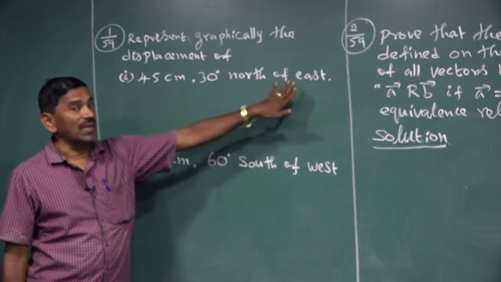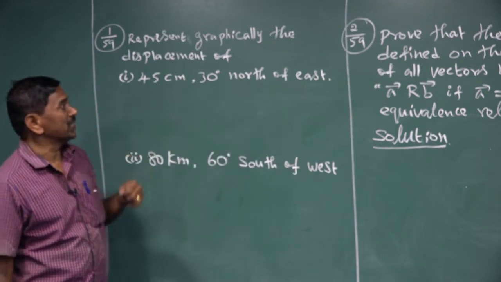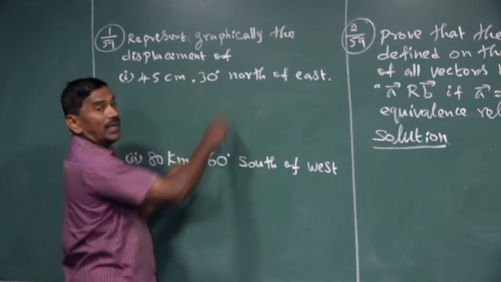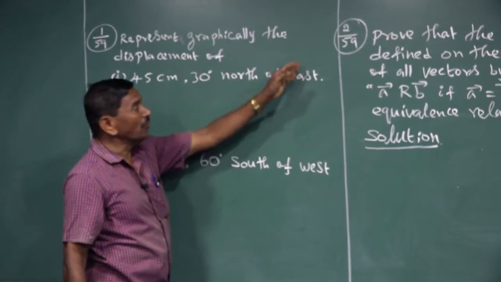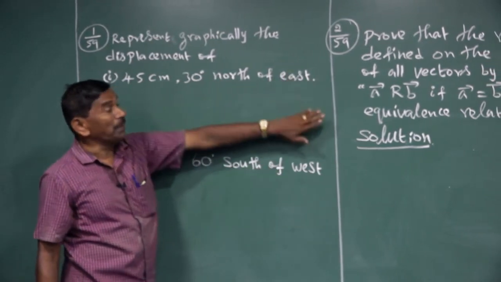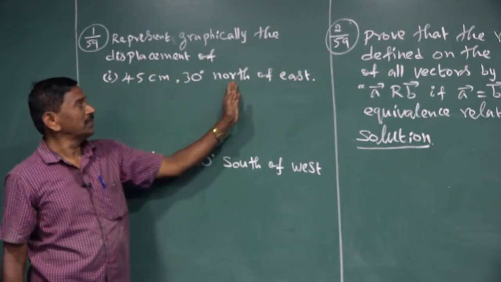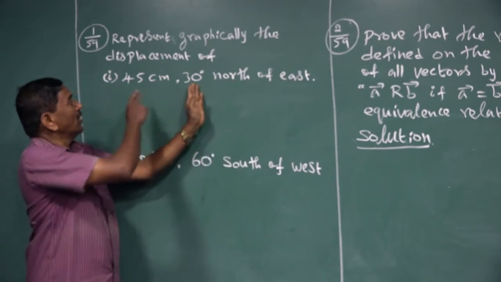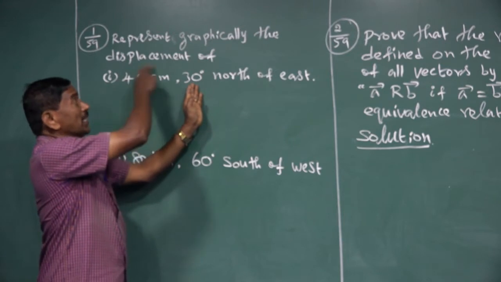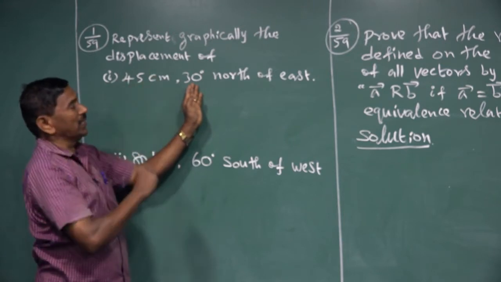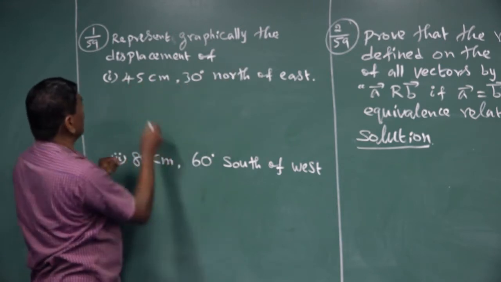First, let us rewrite the question for our convenience. Here, 30 degree north of east, which means from east to north, 30 degree, and the distance is 45 centimeter.